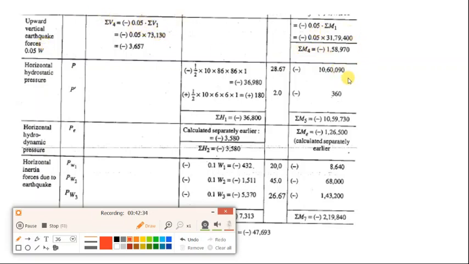Horizontal hydrostatic pressure I have already discussed, this is also negative and the moment will be this. This is tailwater P2, and this is P1. Horizontal hydrodynamic pressure, like we discussed in the previous slide, is this. And horizontal inertia forces I have already discussed. Negative sign because it is in this direction, from upstream to downstream.